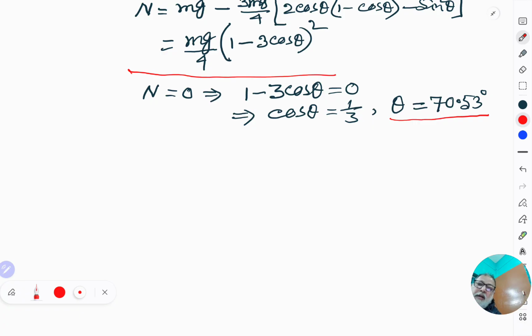So the assumption that the rod does not slip is invalid. It is not possible for the rod not to slip. The rod must slip. This is an interesting insight into this problem. The problem does not exist at all because the rod must slip before striking the floor at this particular value of theta 70.53 degree.